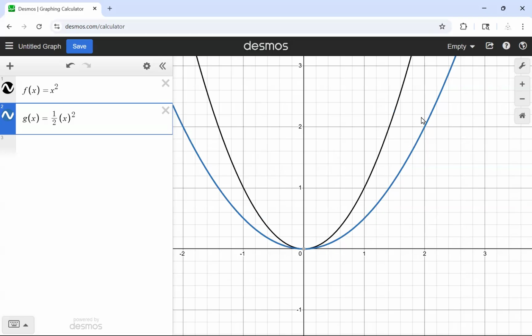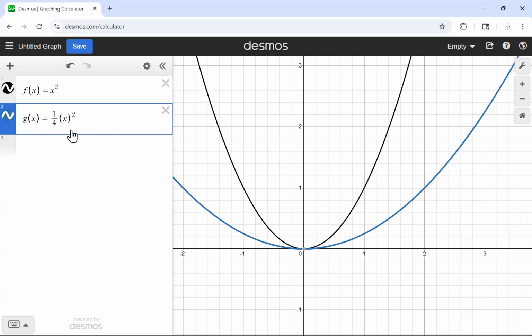And 2, 4 would have gotten cut in half, and that now is the point 2, 2. Same thing if we would have shrunk it by a fourth. Now 1, 1 turns into 1 comma 1/4, and 2, 4 turns into 2 comma 1.